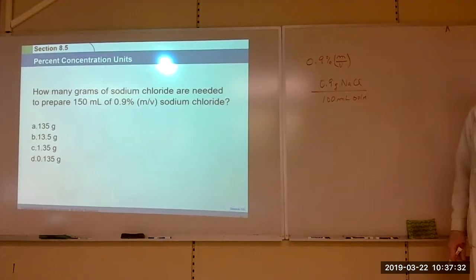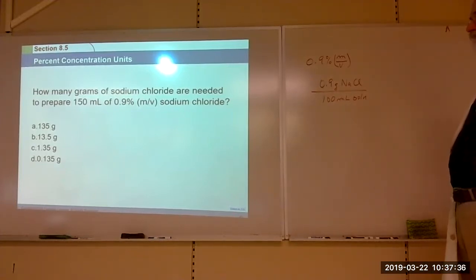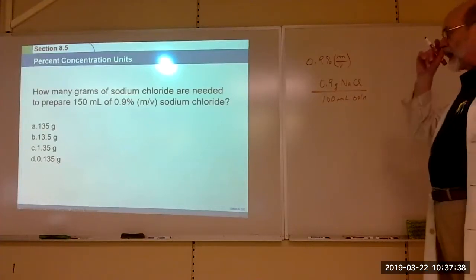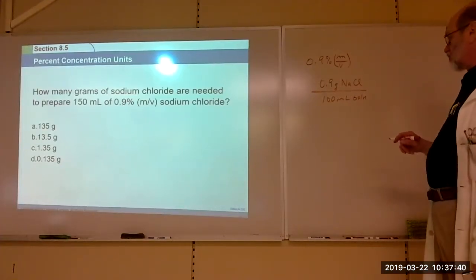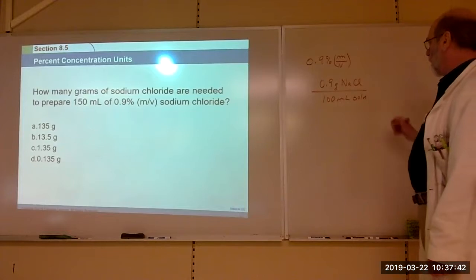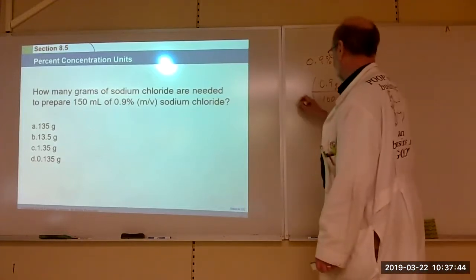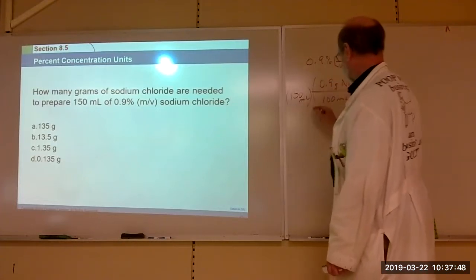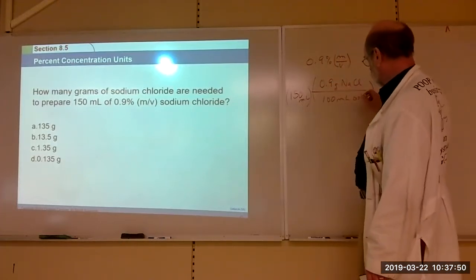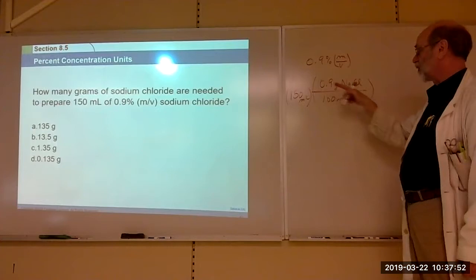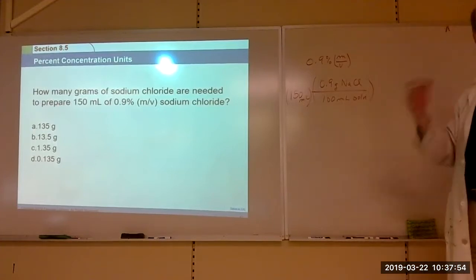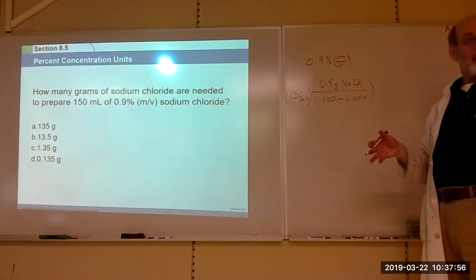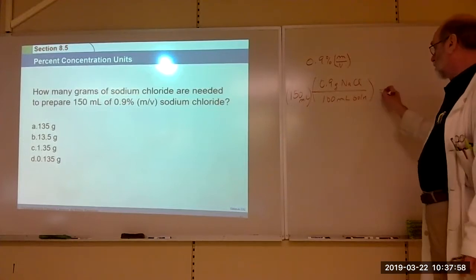That's what that means. So, if we want to make 150 milliliters of solution, then we would multiply that by 150 milliliters. That cancels the milliliters, and 150 times 0.9 gives us the mass of sodium chloride that is required.